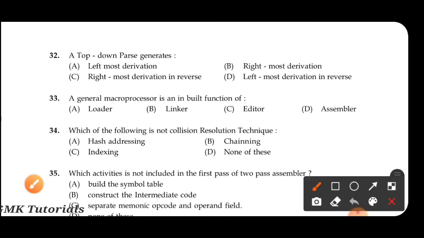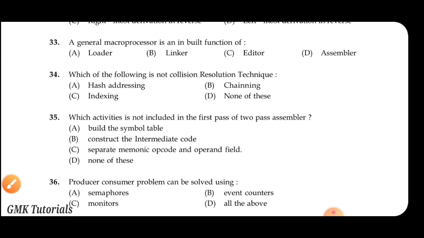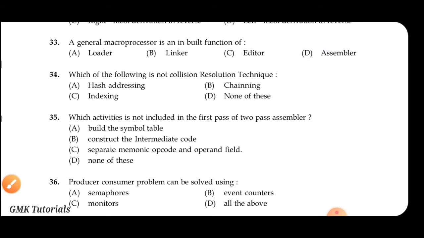So the correct option for this question is leftmost derivation. A general macro processor is an inbuilt function of assembler or compiler. Both are right answers, but here they gave assembler, so it is the right answer.